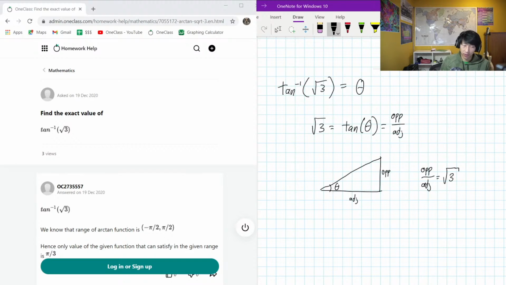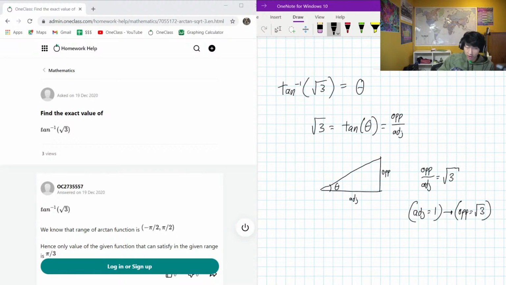Pretty much we have this relationship, and because we can scale triangles to be similar triangles, and they're going to have the same angles, let's say adjacent is equal to 1, that would imply that opposite is equal to root 3.